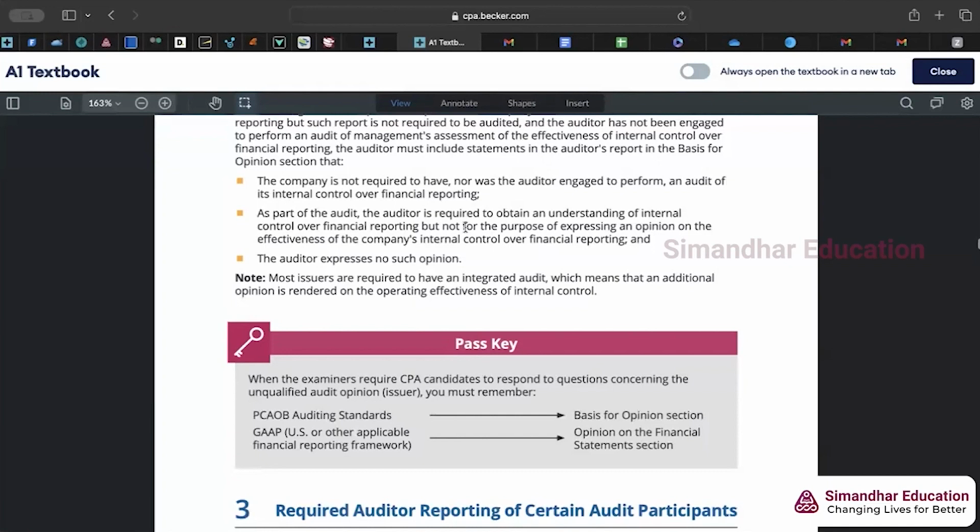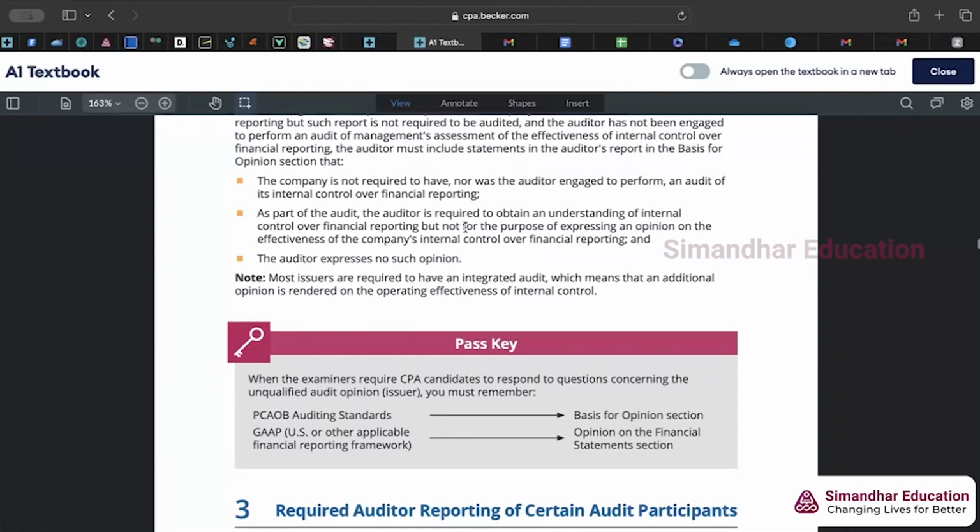If there is a material but not pervasive impact and it is a GAAP issue, you give a qualified opinion. In case of a material and pervasive impact, you give an adverse opinion for any financial statements level issue. In case of audit issues, material but not pervasive, qualified opinion. Material and pervasive, disclaimer of opinion.